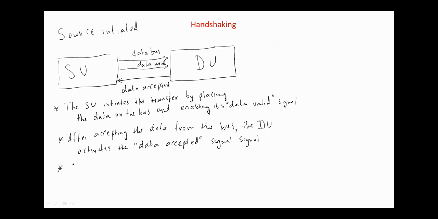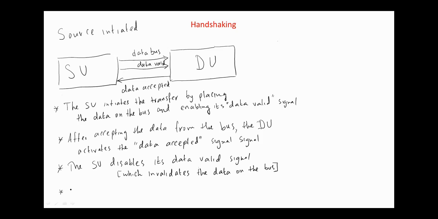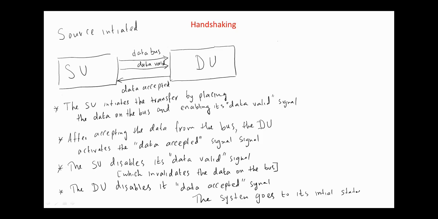The sending unit disables its data valid signal, which invalidates the data on the bus. And the destination unit disables its data accepted control signal. In this case, the system goes to its initial state.